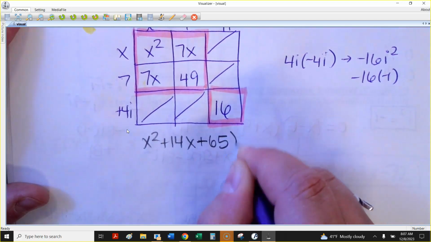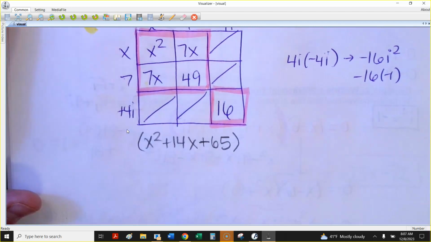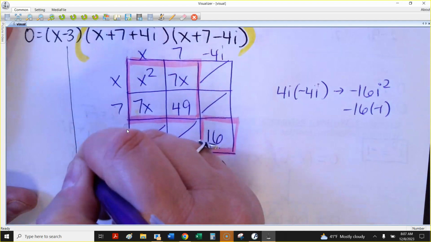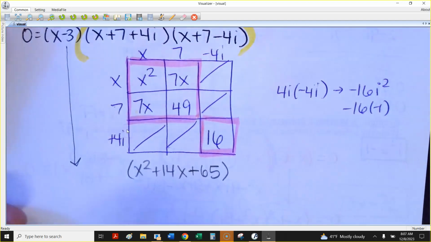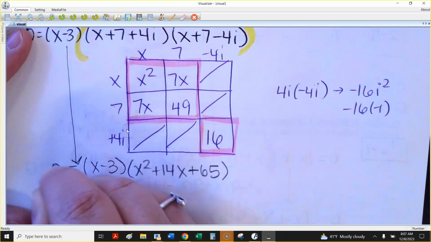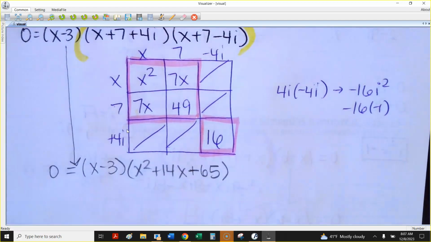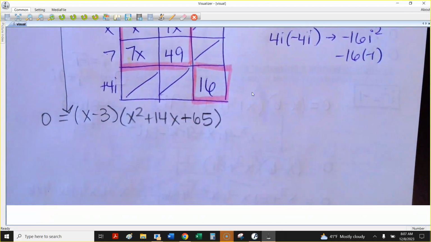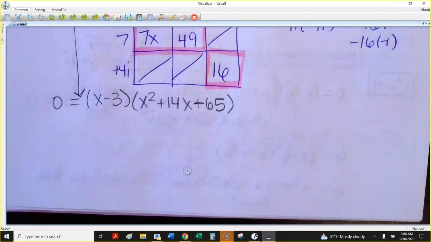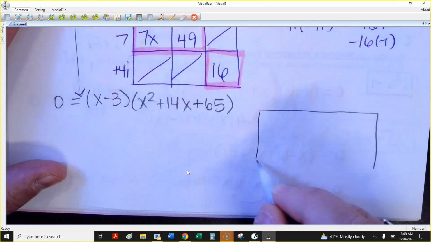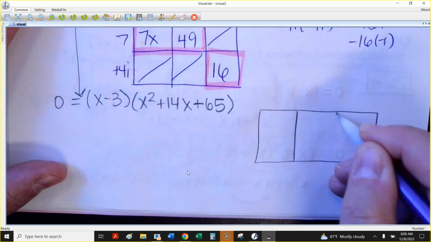Now, here's just this question itself. Oops, let me pull it back down so you can see it. This had another actual real 0, like we could have seen on the graph. So x minus 3 was another factor. So then this one, I just have to FOIL or box with these to get my final answer. Completely up to you. I'm just going to use a box again just because I've already used a box today. I'm just going to make it 2 by 3.